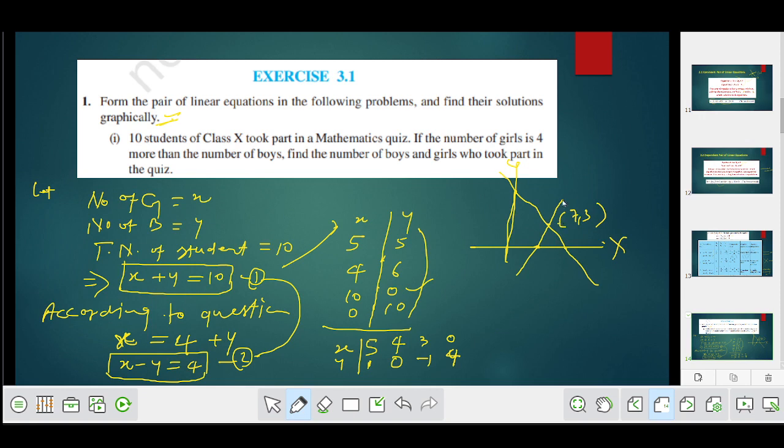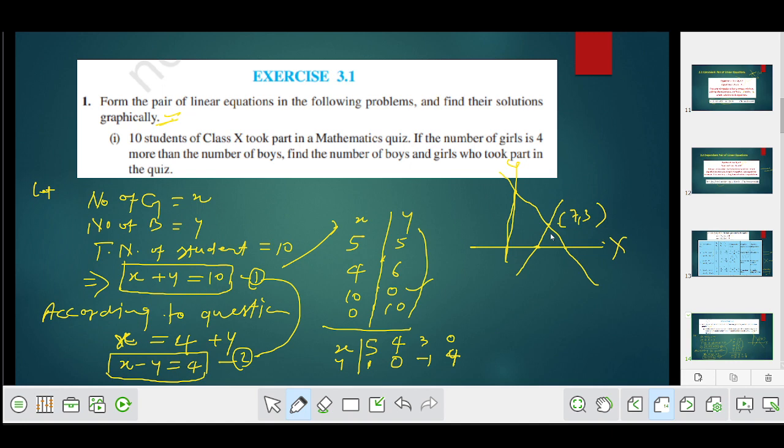Now, there is a limitation of the graphical method, because without a set of rules and a practical scenario, we cannot get these points of intersection.